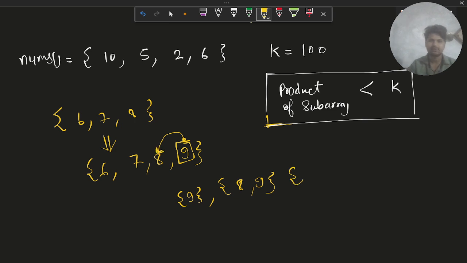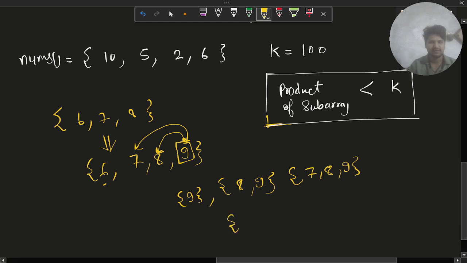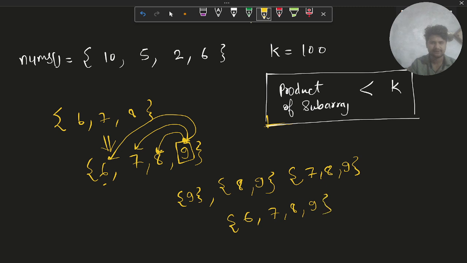We have to include 9; we don't care about 6, 7, 8. The first subarray is 9 itself. Then we can form 8, 9. Then 7, 8, 9. Remember, we need to find a subarray, not a subsequence. And another one would be 6, 7, 8, and 9.